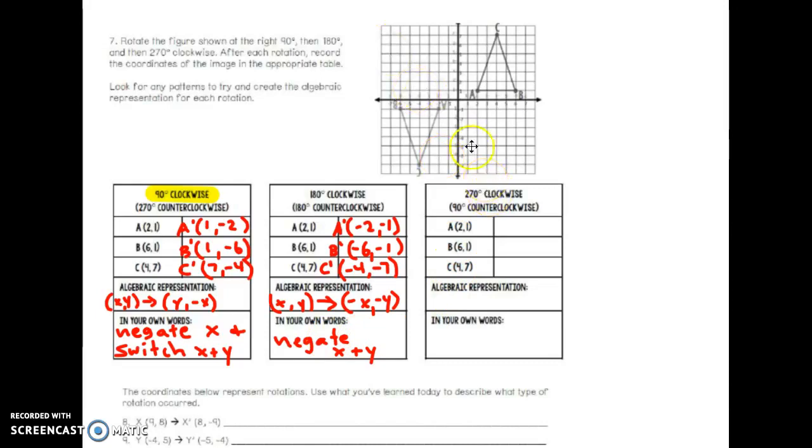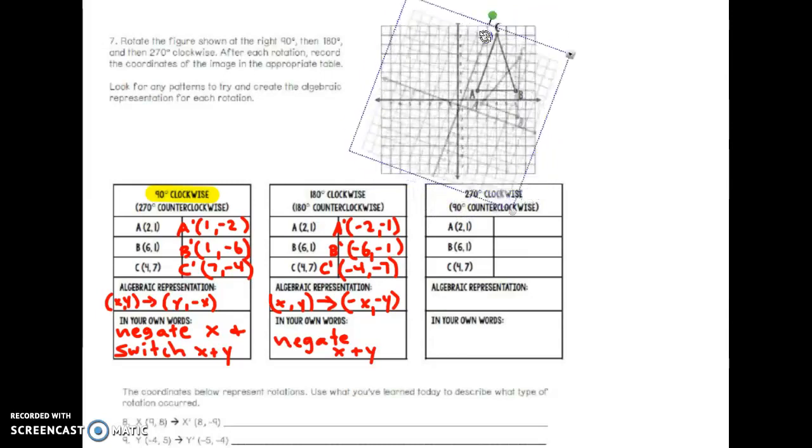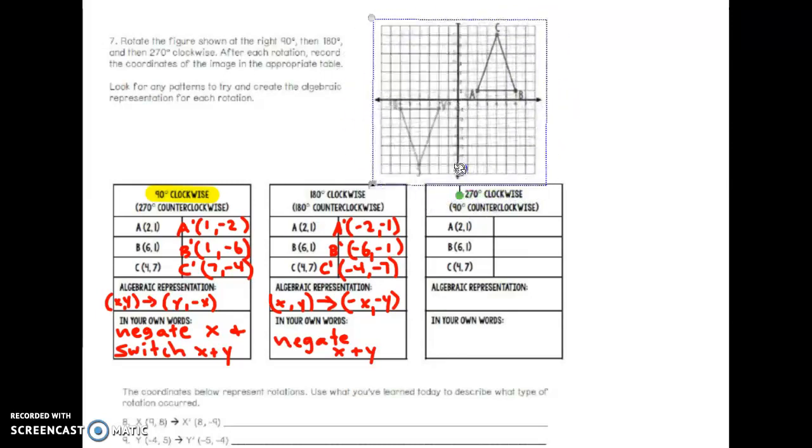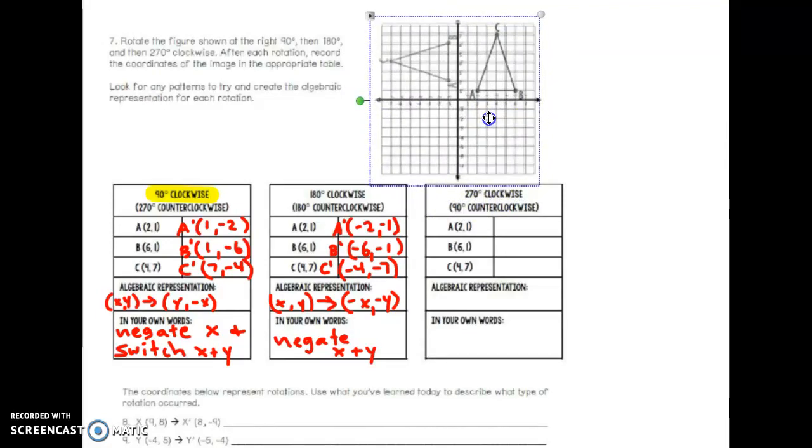So last thing is a 270. If you have to do a 270, remember the original triangle was over there in the first quadrant. There's 90, there's another 90, there's a third 90. 3 90s is what makes up 270. So getting your image to be seen on your little transparency sheet is helpful, and then getting those coordinate points off from there.